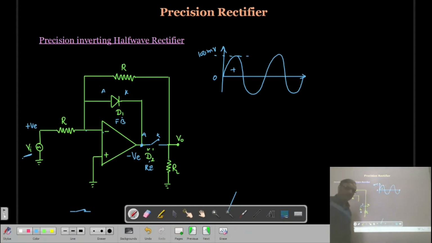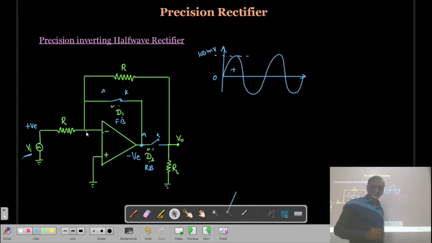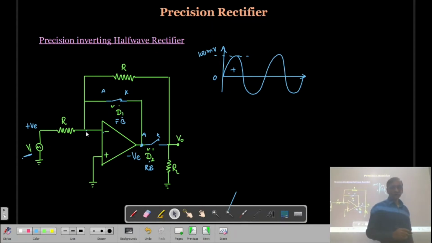So in forward bias, this will work as a closed switch. You can see, here it is working as a closed switch. Now, this is a kind of a follower circuit that you can see, correct?